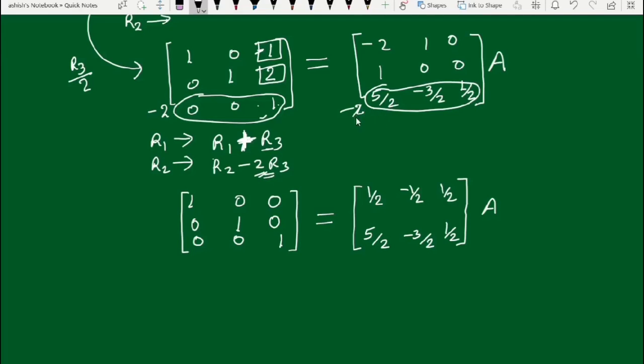Multiplied by minus 2: minus 5 plus 1, minus 4 plus 3, and minus 1, that is it.